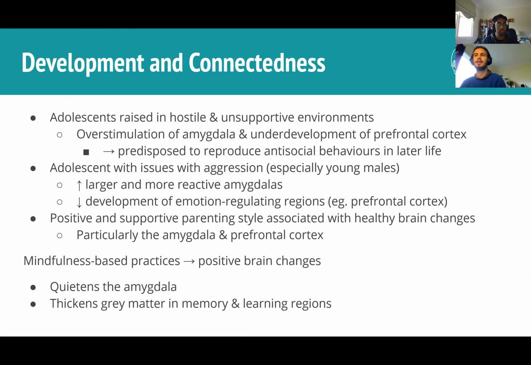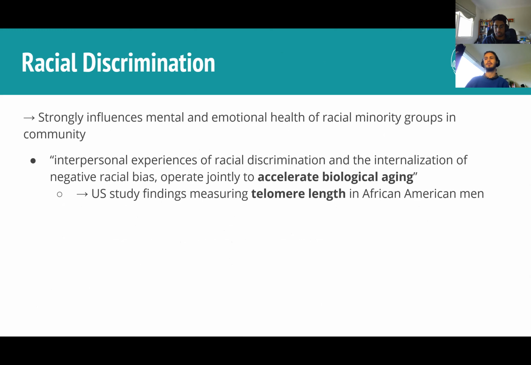And I think the final slide, please, James, or the second last slide, very briefly, very important. But racial discrimination strongly influences mental and emotional health of racial minority groups in any community. And a specific quote is that interpersonal experience of racial discrimination and the internalization of negative racial bias operate jointly to accelerate biological aging.